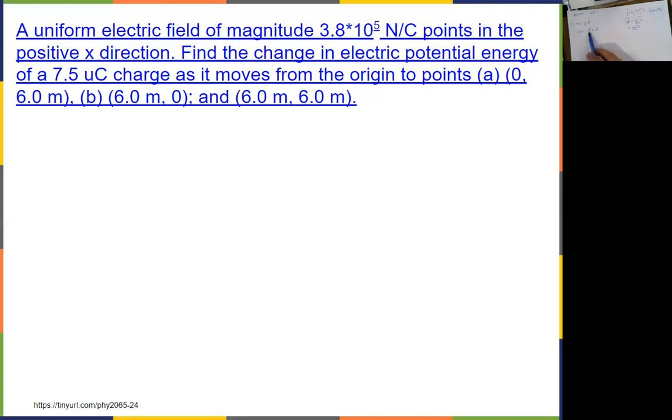Then I forgot about Q here in front. Actually, no, Q is there already.